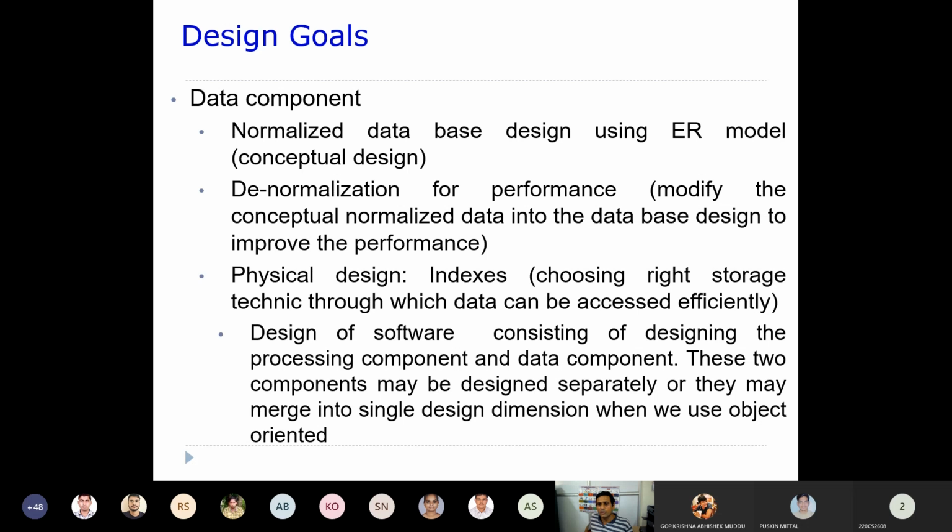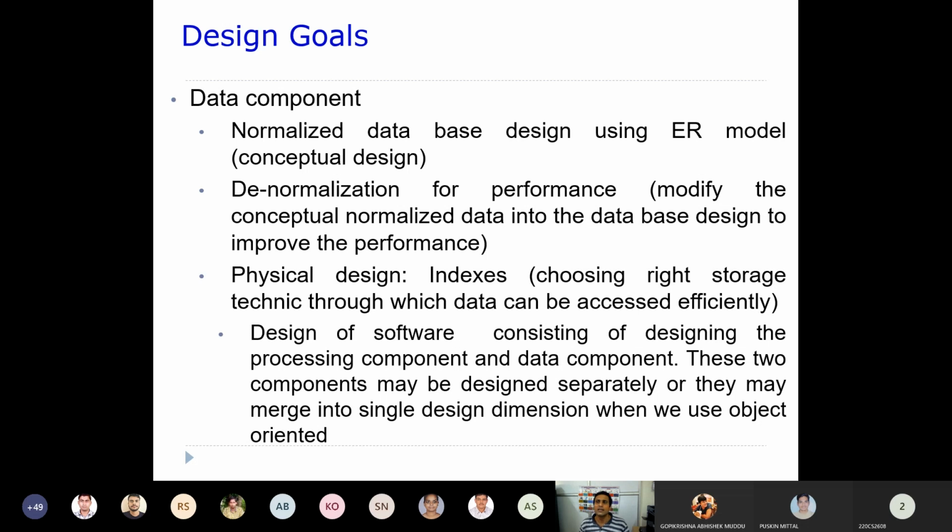As I said before, in the functional software design approach, we talk about these components separately, whereas in object oriented design we will have a single design. Why a single design?